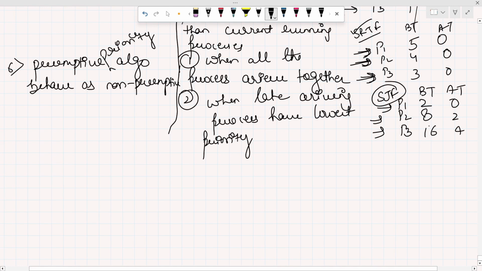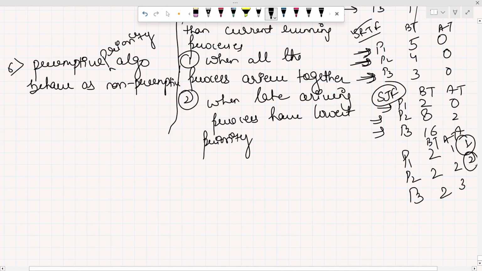What does this mean? Let's say we have processes P1, P2 and P3. The burst times are 2, 2, 2. P1 comes first, then P2, then P3. So this is what the situation looks like: 1, 2, 3 are the arrival times, and this is the burst time. But P1 has the highest priority, let's say 1 denotes the highest priority.